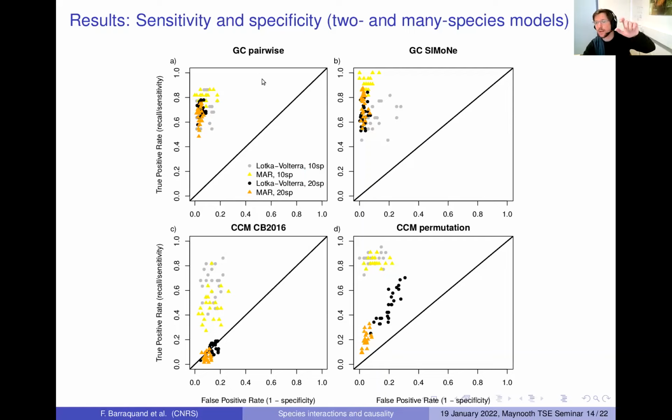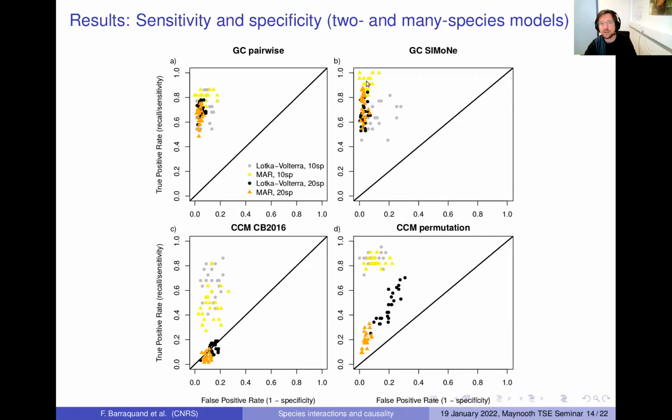What I haven't shown you until now are the results for these LASSO-style multivariate autoregressive models, and these are on the top right panel, using the method SIMoN, which is for modular interactions. And as you can see, you have the sensitivity on the y-axis and the false positive rate on the x-axis. So we want a low false positive rate and a high sensitivity.